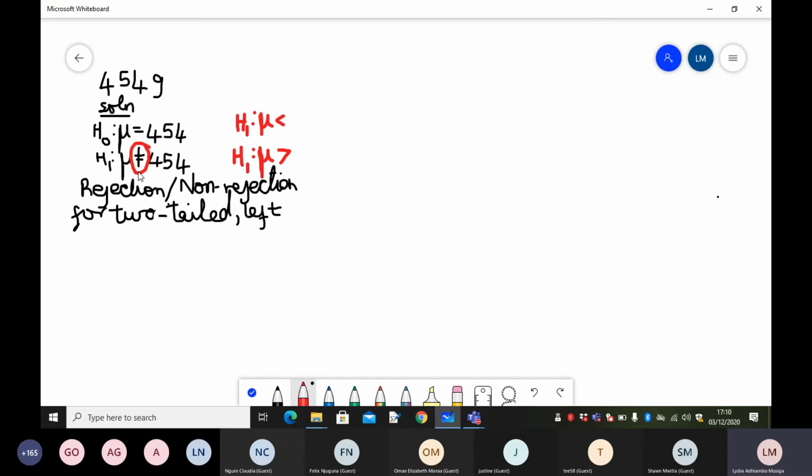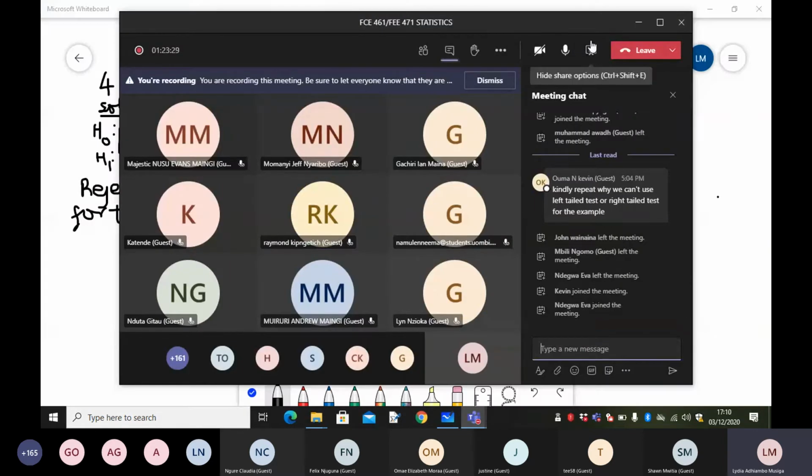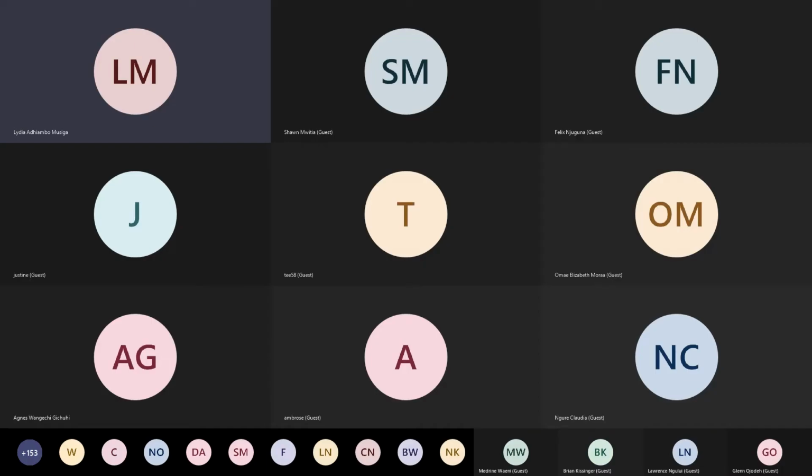So I was looking at rejection and non-rejection regions for two-tailed, left-tailed, and right-tailed tests. And I want to present a slide here, which I will use for explanation. So let me unshare, then I look for it, and I share.